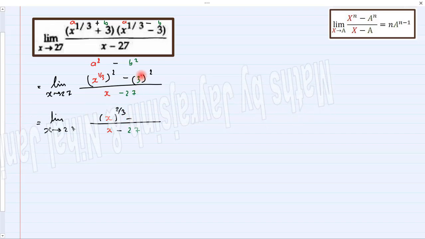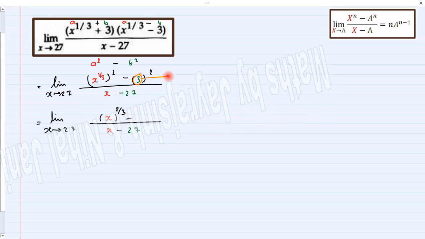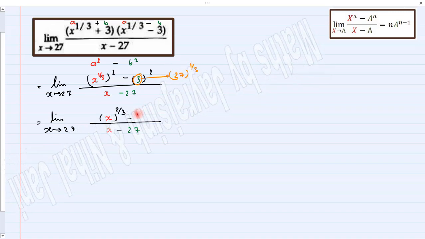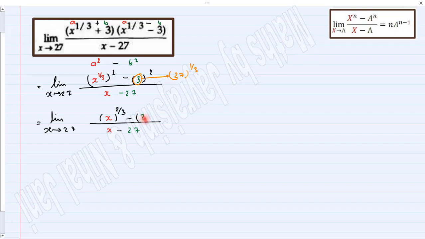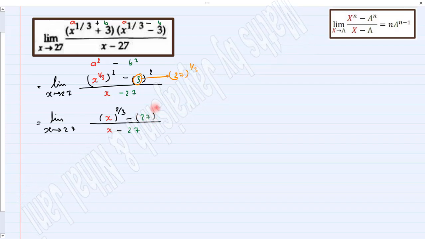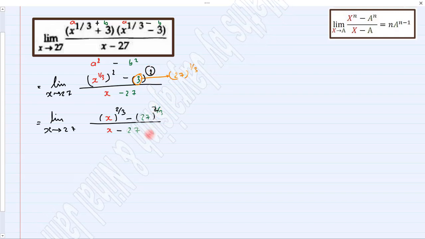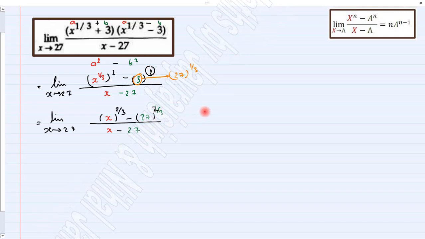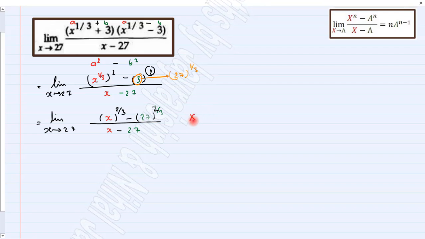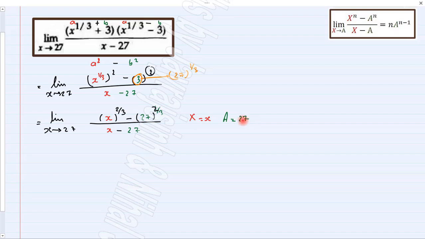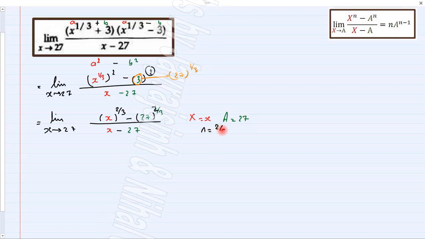And this 3 can be rewritten as 27 raised to 1 by 3. So here we'll get 27 raised to 1 by 3, and we already have square. So we can compare with the standard form and we'll get capital X is equal to small x, capital A is equal to 27, and your n is 2 by 3.